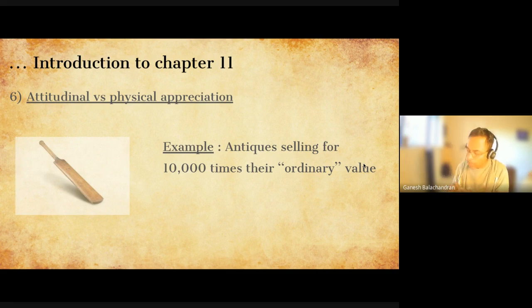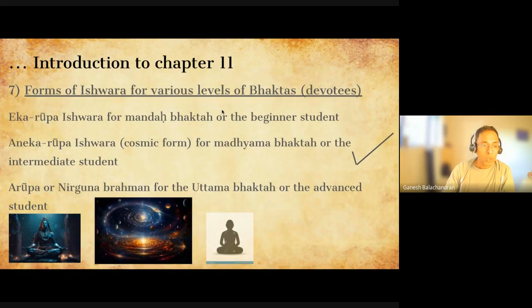So Krishna gives training in the 7th, 8th, 9th, and 10th chapters before introducing the 11th chapter. The culmination of the 7, 8, 9, 10 is the 11th chapter. So we've seen this. There are different forms of Ishvara for various levels of bhaktas, right?